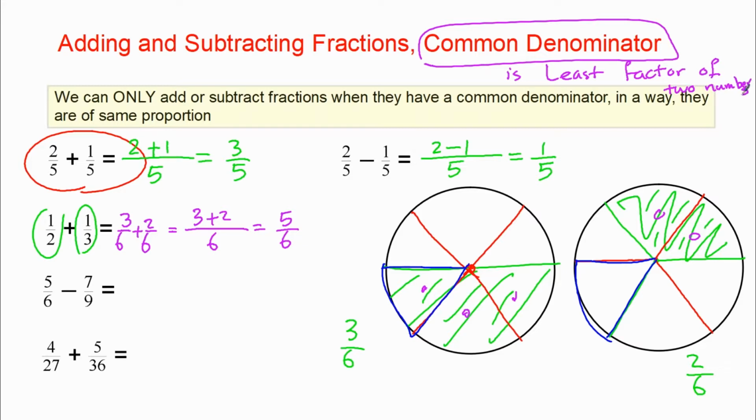We have had a video about how to find the least common factor of two numbers. It is easier when we have 1 over 2 or 1 over 3, but when we have larger numbers, it is important that we are able to find the least common factor. I forgot to put the common in here. So least common factor of two numbers.